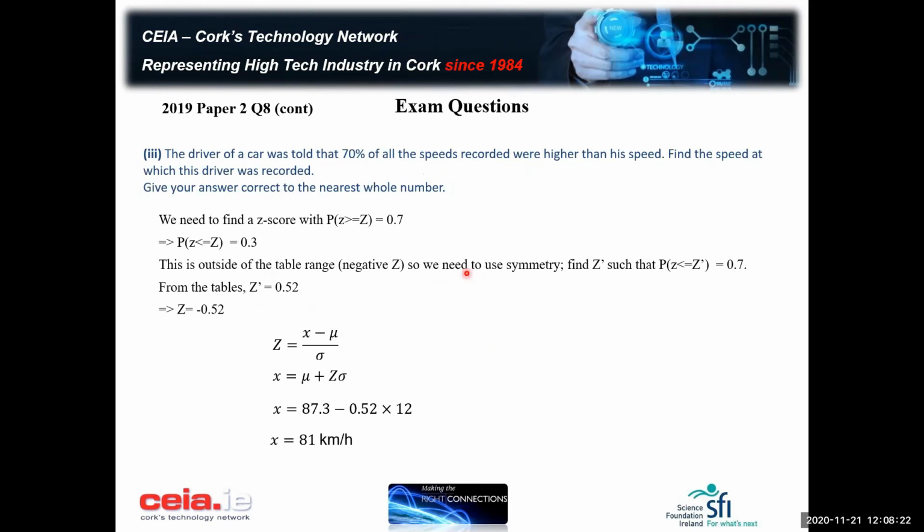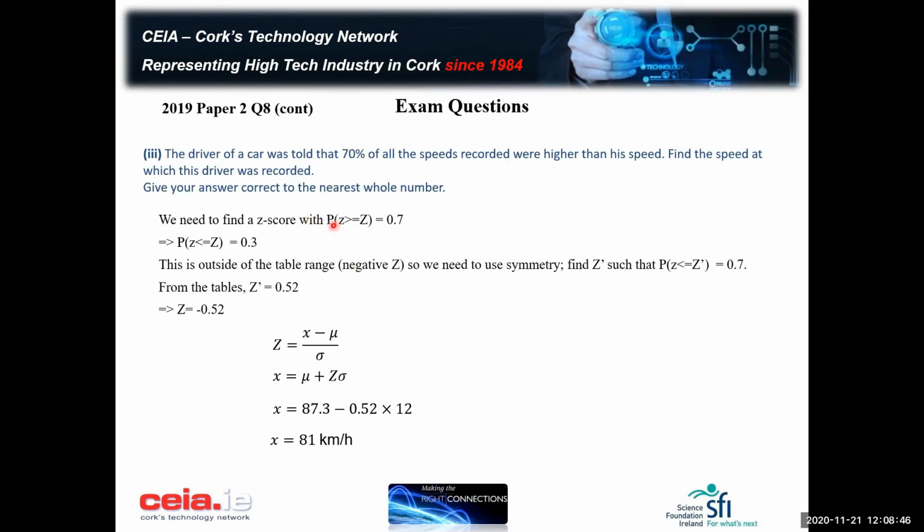Similarly, part 3, we're told 70% are higher than this speed, and you want to find what speed that must have been at. So again, we need a z-score, but now we don't know what the z-score is.